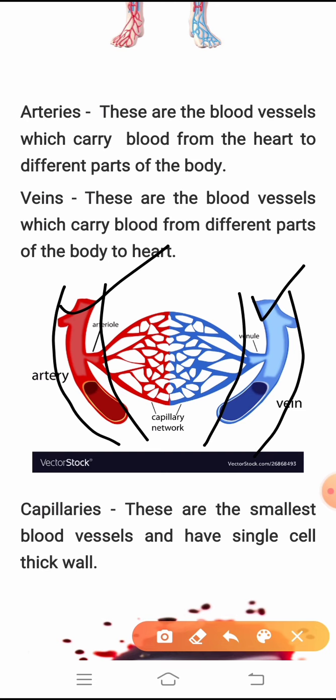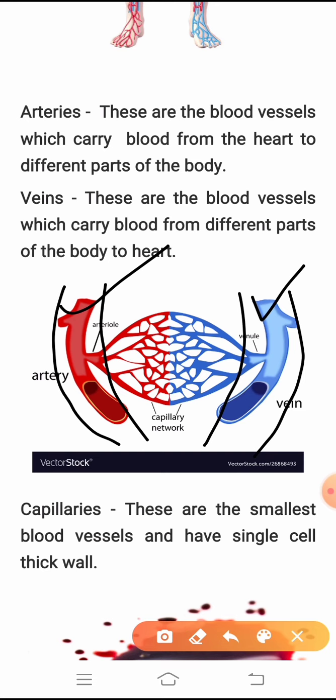So moving to the capillaries now. On reaching an organ or a tissue, the blood reaches it from the heart, right? What happens is, the artery divides into smaller and smaller vessels. Why?